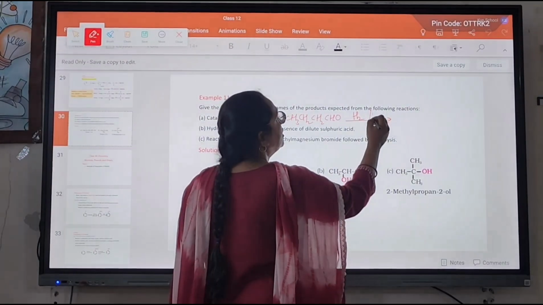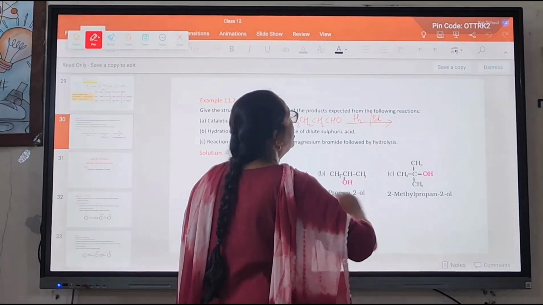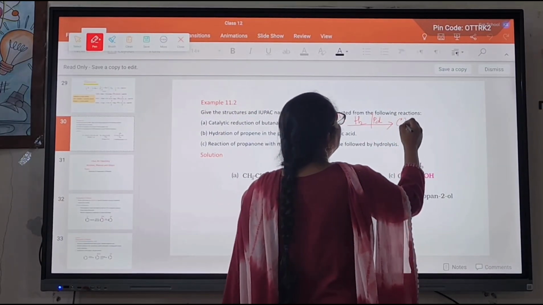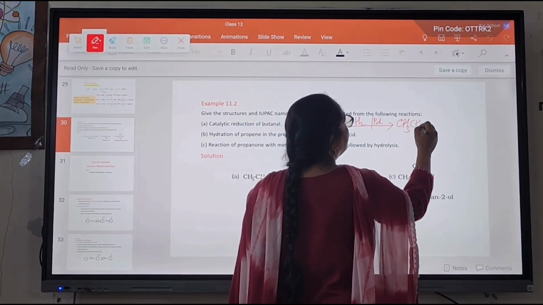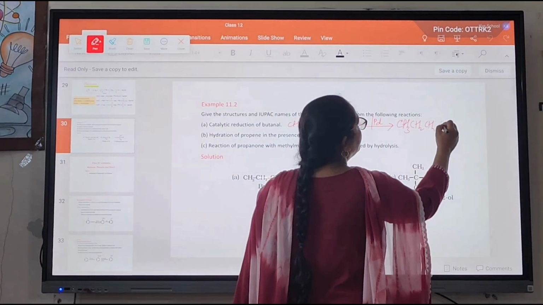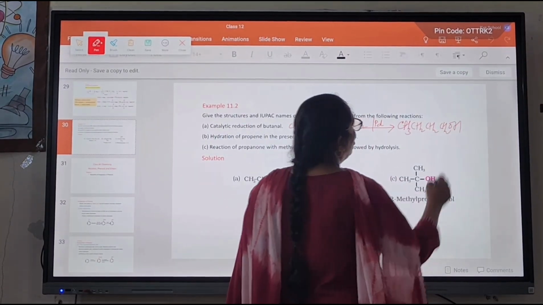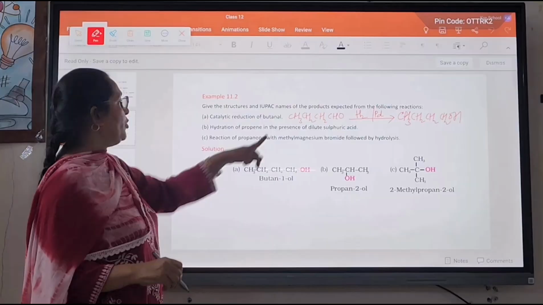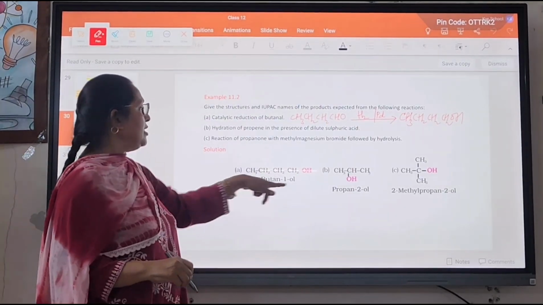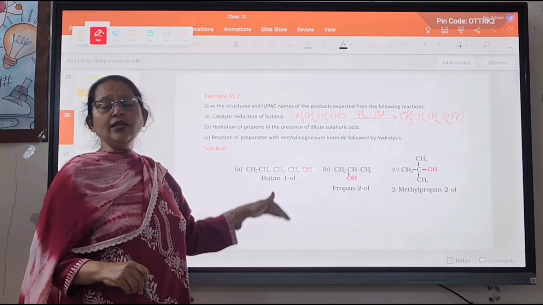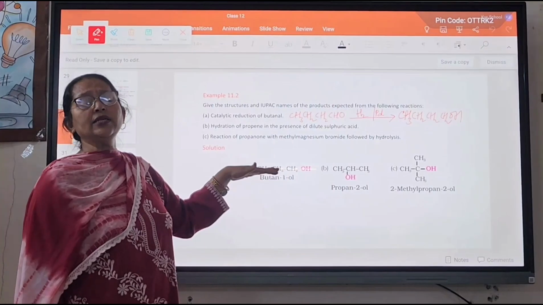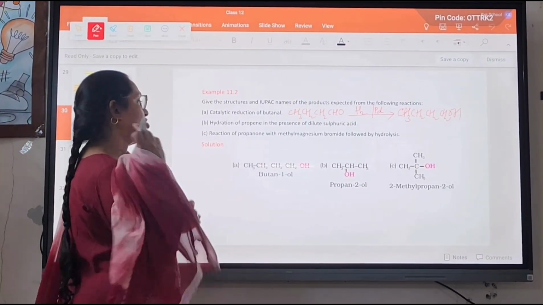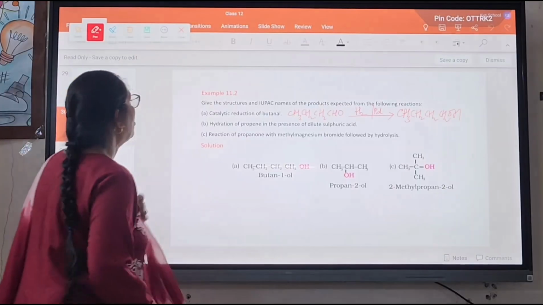I am taking the hydrogenation in the presence of palladium or nickel, you will get the butanol. Now the second question, so the main product, what is asked, the structure is this. When in the board examination the structure is asked, you have to write the structural formula of the compound.